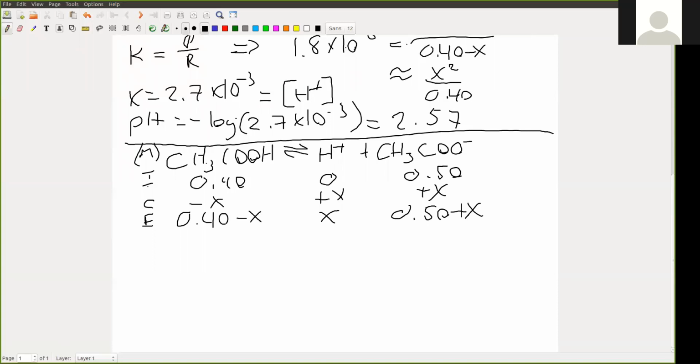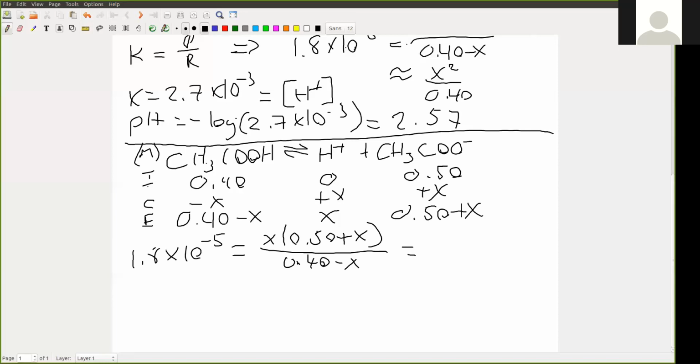And again, we're going to use approximation. Our Ka is 1.8 times 10 to the minus 5, and that's set equal to X times, well, typically 0.50 plus X, all over 0.40 minus X. If you use your approximation method, we put a little tilde over the top to say it's approximate, and you end up with 0.50X over 0.40.